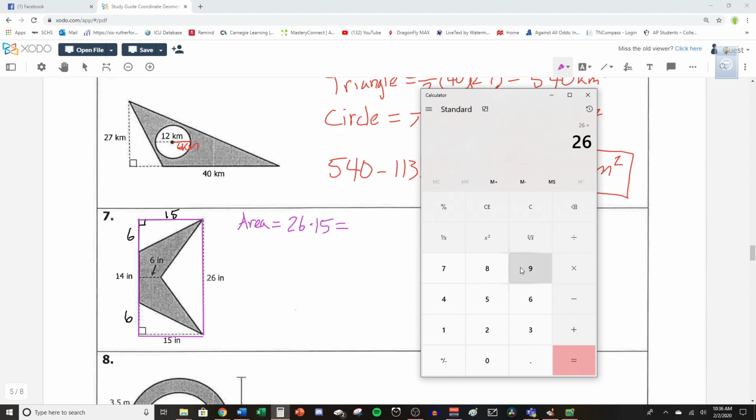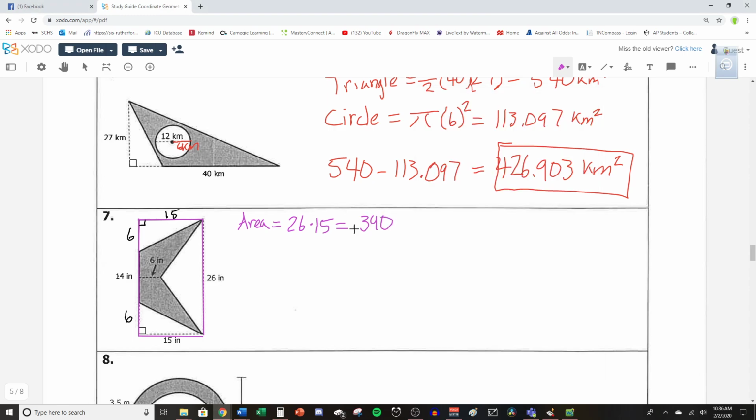You do multiply by 15. So that whole area is 390. Now I want to take away each one of these shapes here. I want to subtract this and this from this. We can see that these two shapes are actually the exact same shape.